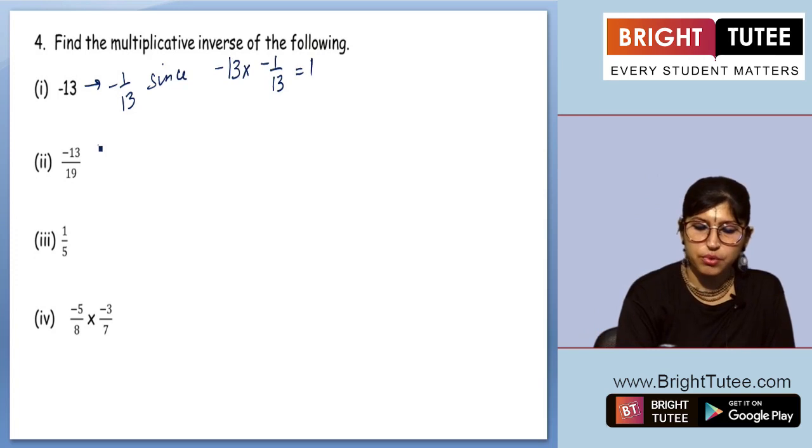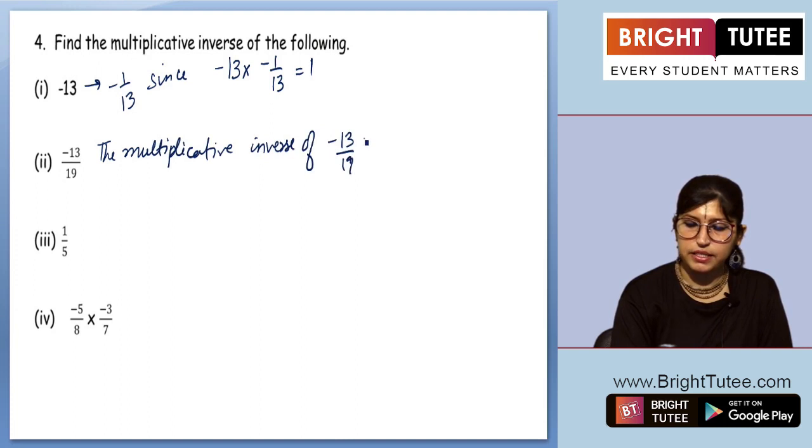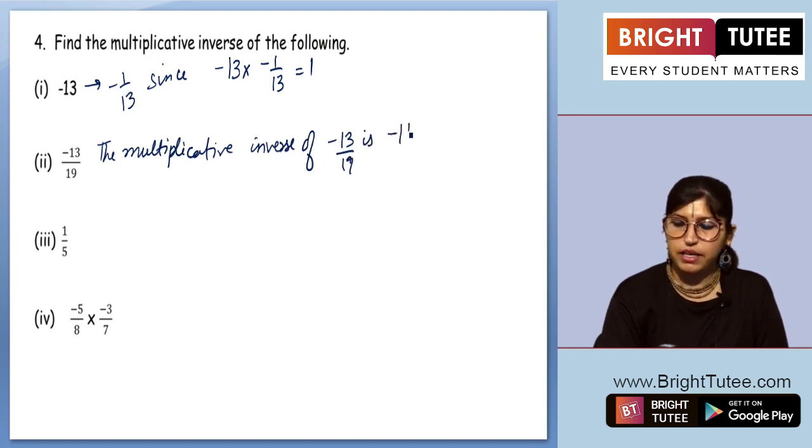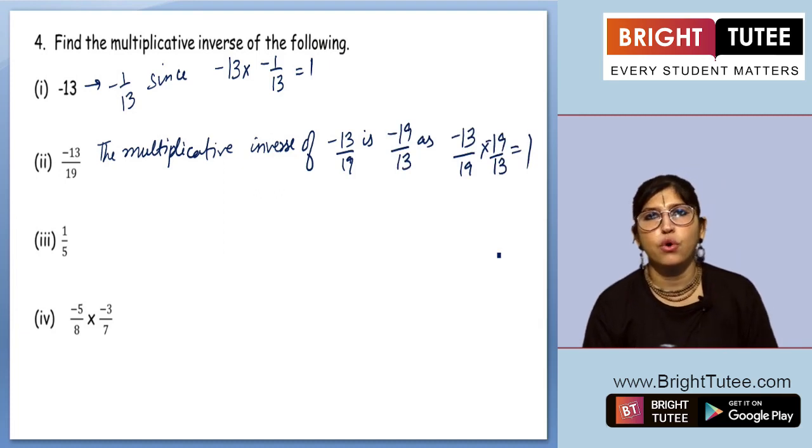So we'll write it this way: the multiplicative inverse of minus 13 by 19 is minus 19 by 13, since minus 13 by 19 times minus 19 by 13 equals 1.